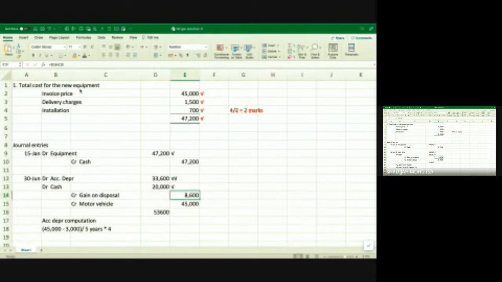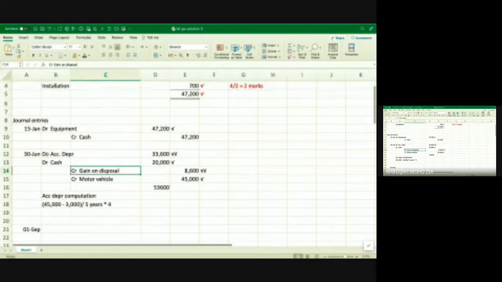So that's how you get the gain on your disposal, it is the balancing figure. How do you know that the 8,600 is a gain? Because it is on the credit side. So when it is on the credit side, you know that is the revenue. Yes, revenue. So that's why it's on the credit side, and that revenue we call a gain on your disposal.